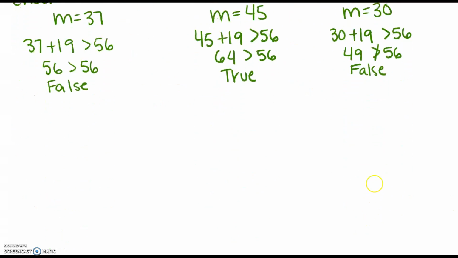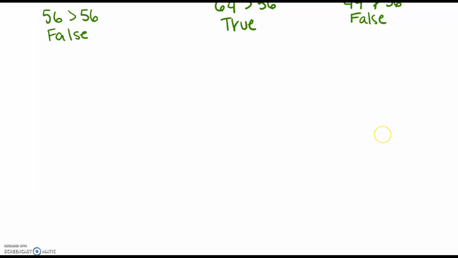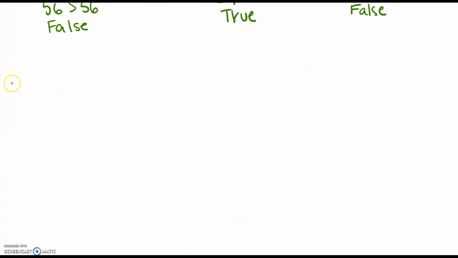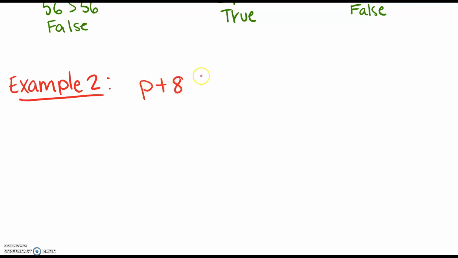All right, let's look at another example, example 2 here. Let's look at p plus 8 is less than or equal to 18. To start solving this, the first step is to subtract 8 from both sides.